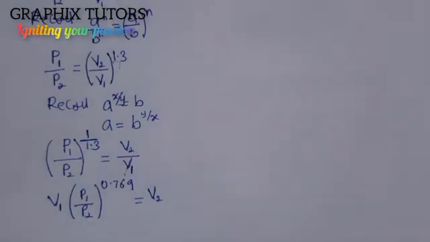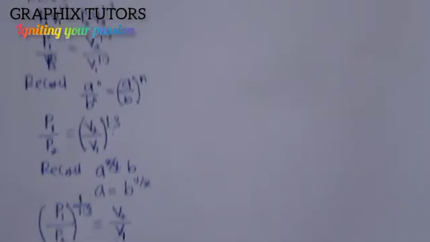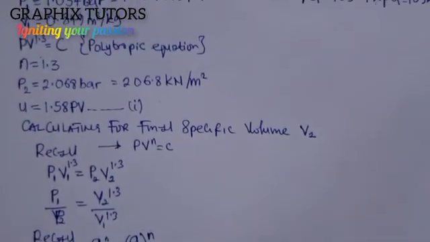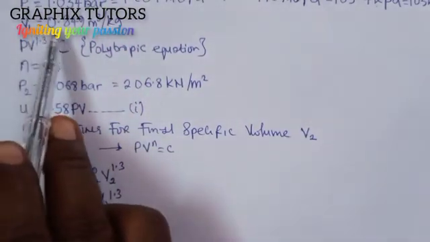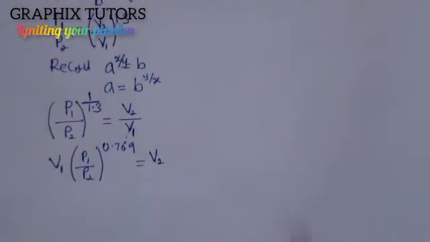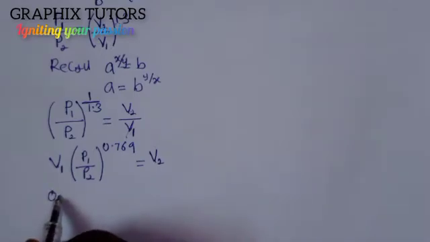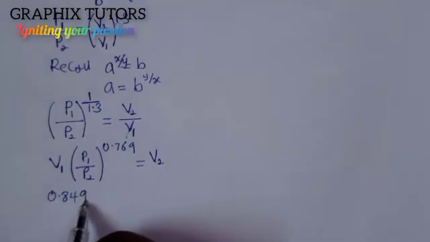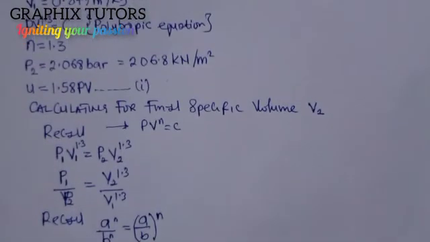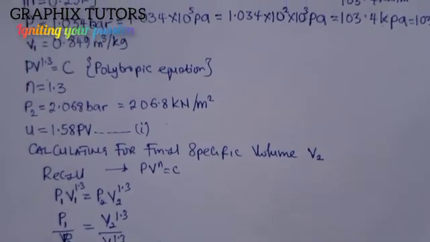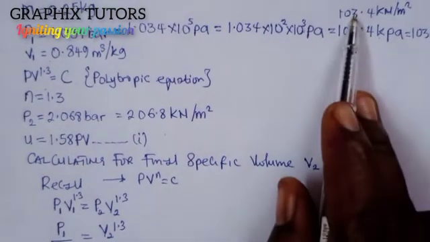Now, what is your V1? V1, from what we've done in the beginning, is giving us 0.849. So we're going to input it there. We'll have 0.849, multiplied by P1, which is what we calculated earlier, 103.4.